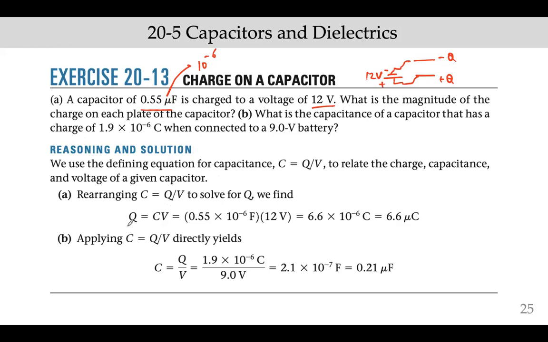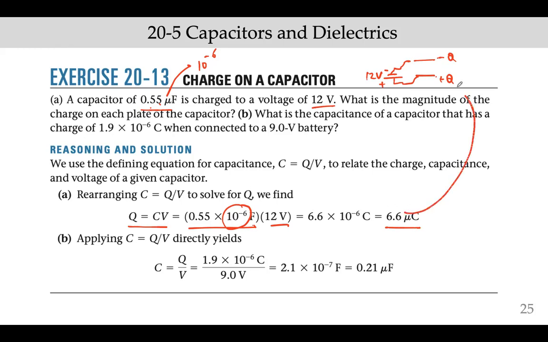So we are going to use Q equals CV. Now C, the capacitance, is 0.55, micro is 10 to the negative 6 farad, and we charged it with a battery of 12 volts. You multiply these numbers, and you find the charge on each plate to be 6.6 microcoulomb.